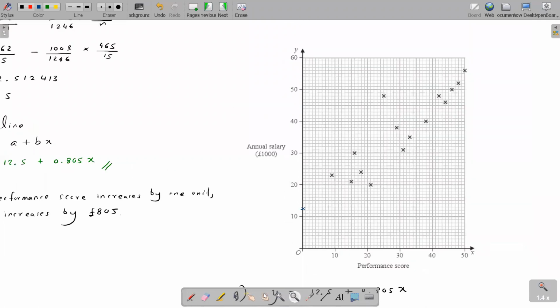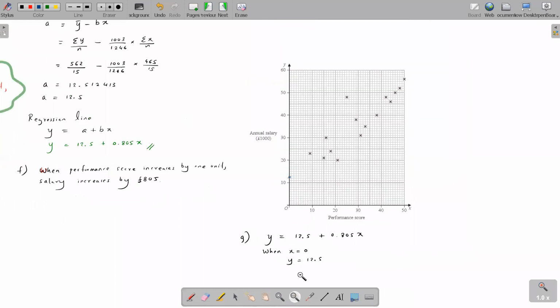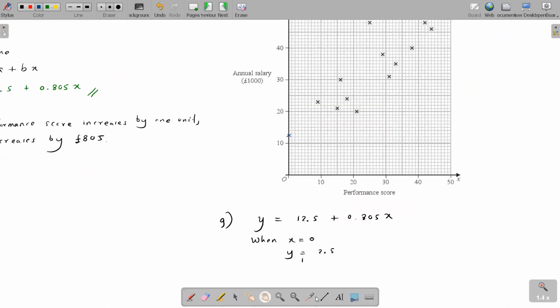Let's get another good coordinate. Maybe when x is 10. Use the values in the table; in the graph, they have given x value 10. When x is 10, how much is y? Get the y values, children. 20.55.